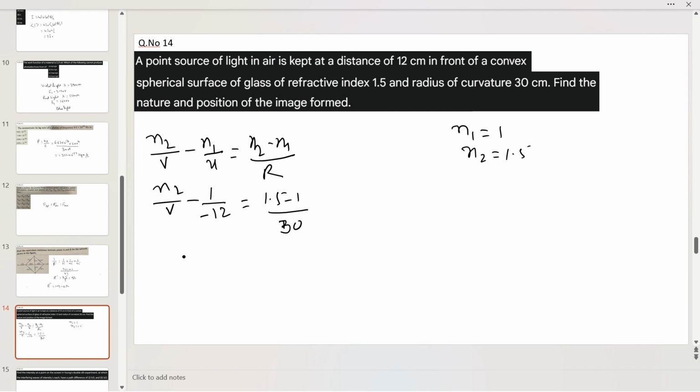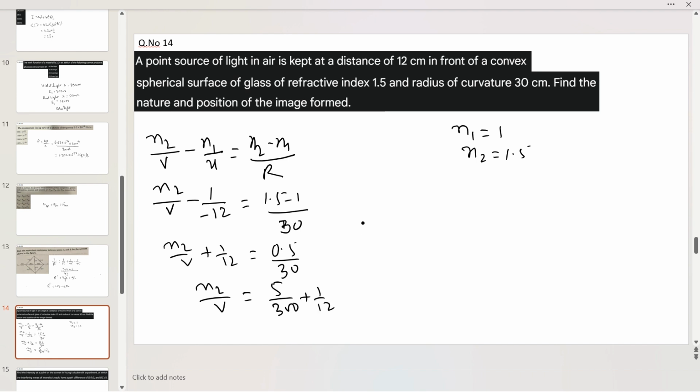So here you find that N2 by V plus 1 by 12 is equal to 0.5 by 30. So now N2 by V will be equal to 5 by 300 plus 1 by 12.